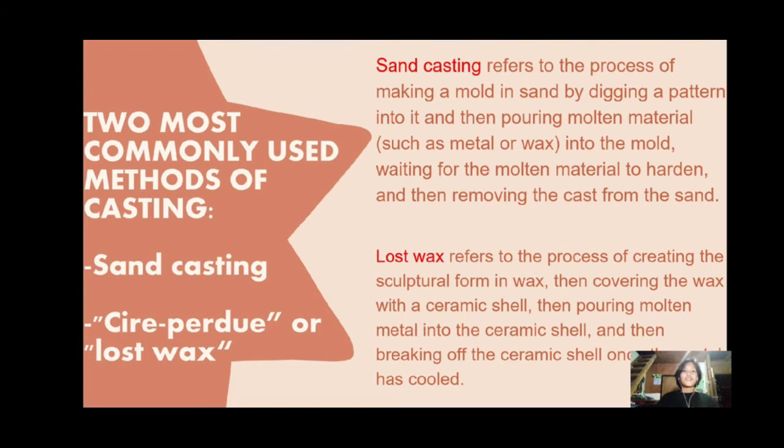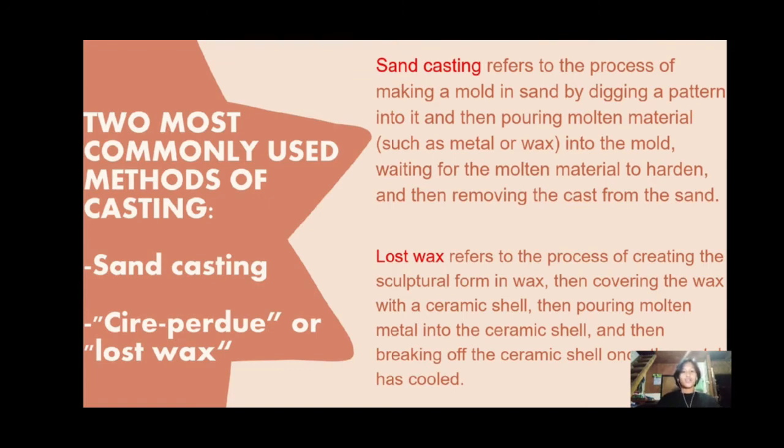Sand casting refers to the process of making a mold in sand by digging a pattern into it and pouring molten metal or wax into the mold, waiting for the molten material to harden, and then removing the cast from the sand. So in sand casting, the mold we use is sand. It is the same process: you pour the molten metal into the mold, and once it hardens, it takes form. The mold used here is sand.